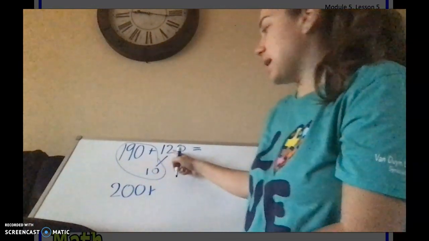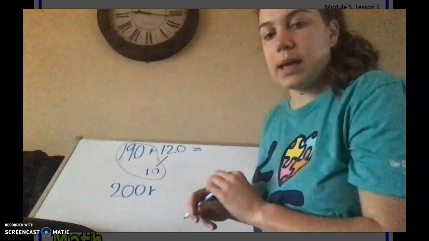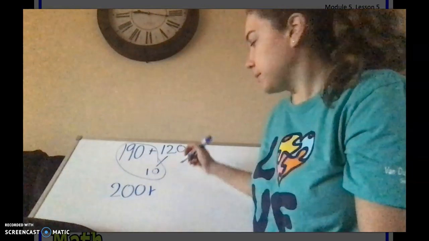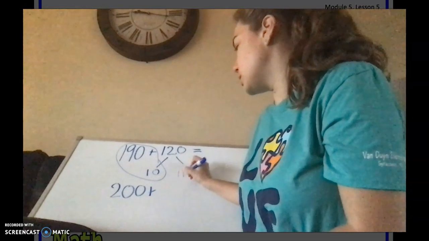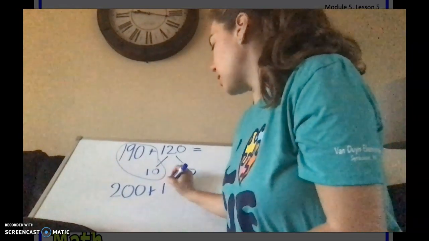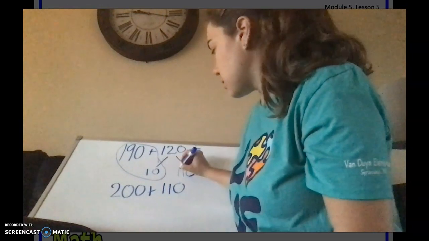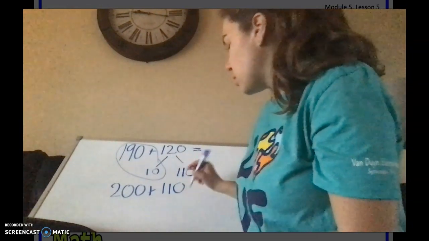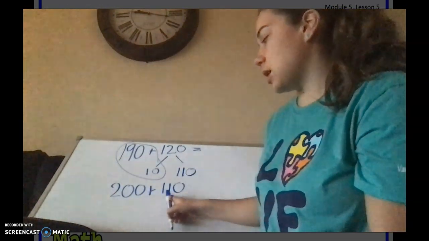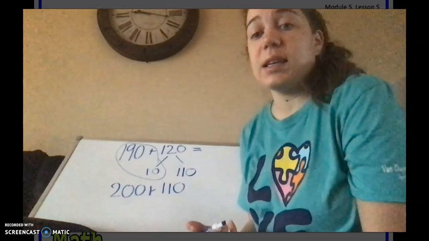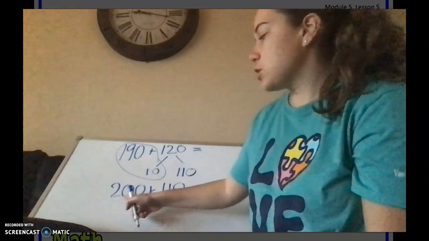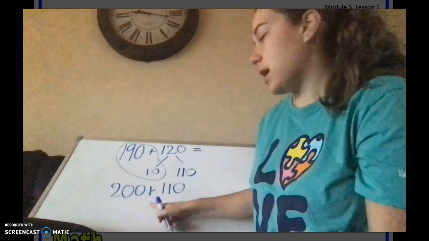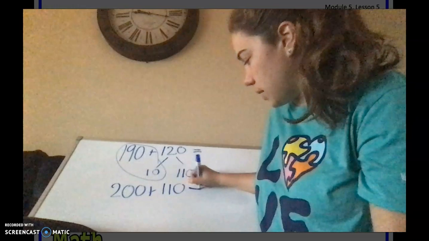But now if we take a 10 out of 120, how many do we have left? Good, we have 110. So now we're doing 200 plus 110, which is a lot easier to figure out now than this. So you have 200 and you're adding 110. What is our new answer?